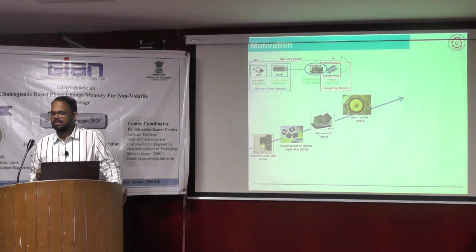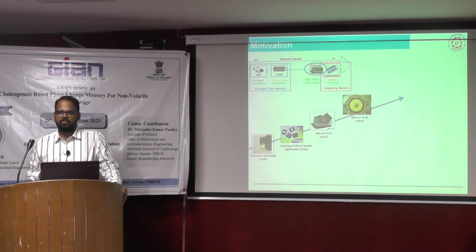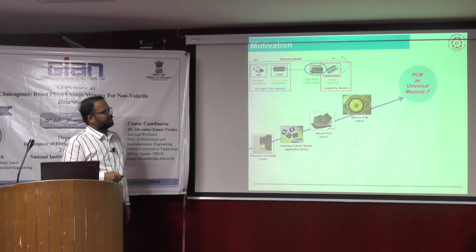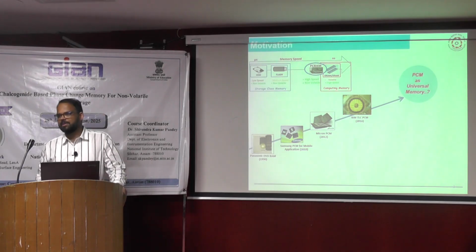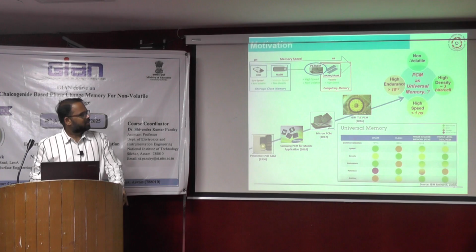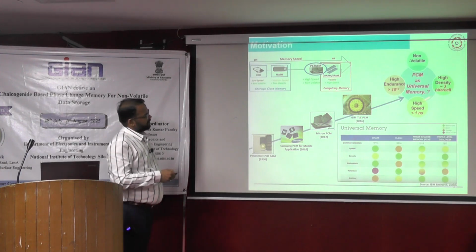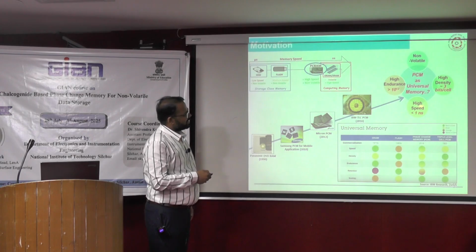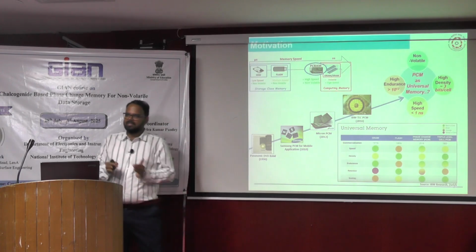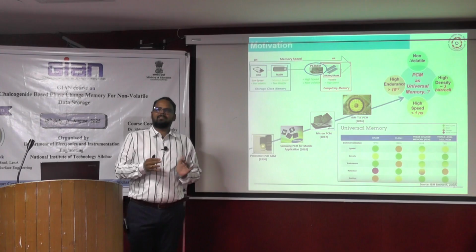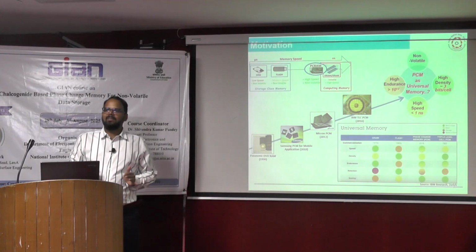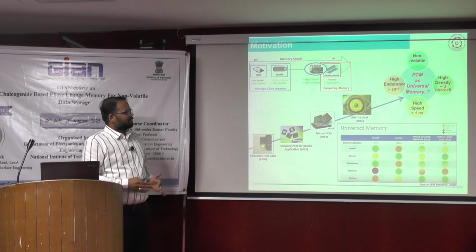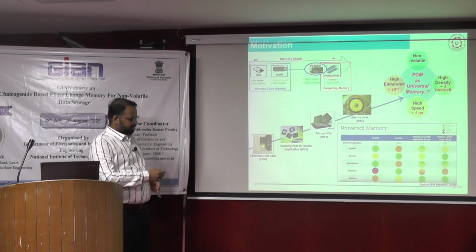So this is the way by which we can say that PCM has the potential for multi-bit storage in a single cell, or storing multiple bits. PCM can be identified as a universal memory having all these features: non-volatility, high endurance, high density, high speed. If you combine all those things, this is the technology which can perform as a universal memory.